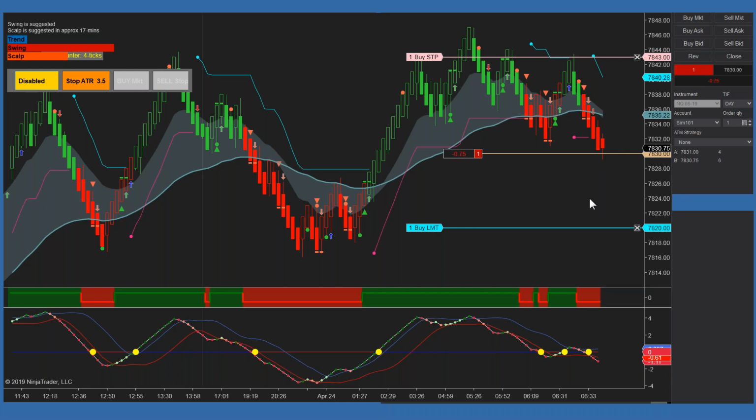Because it is a counter trend signal, you can also simply use it as an early warning signal that maybe the market is unwinding, and you can look for the first in sync signal.